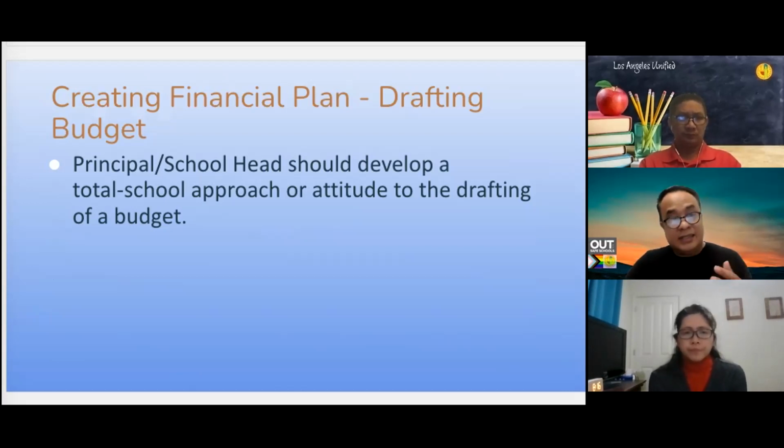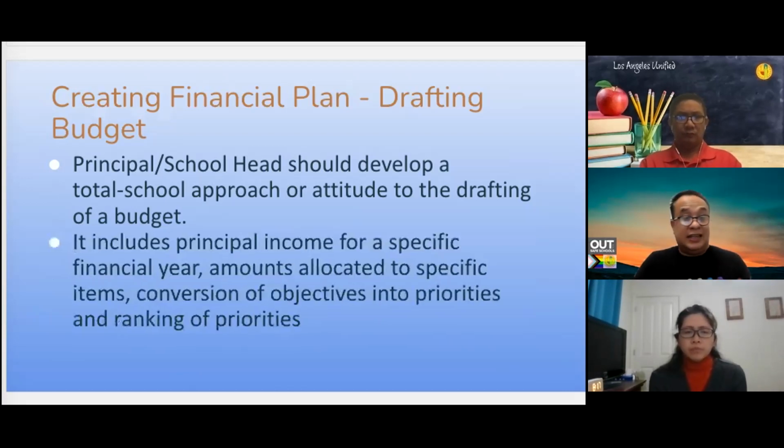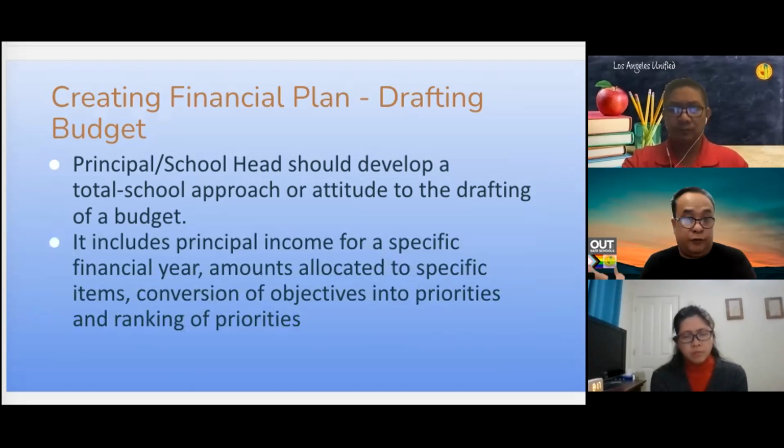So as we can see, it's not simply the principal or the school head who has a part in developing the budget. Notice that this whole budget process includes the principal's income for a specific financial year or school year, and amounts allocated to specific items.